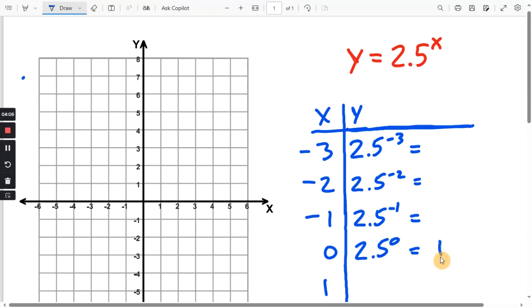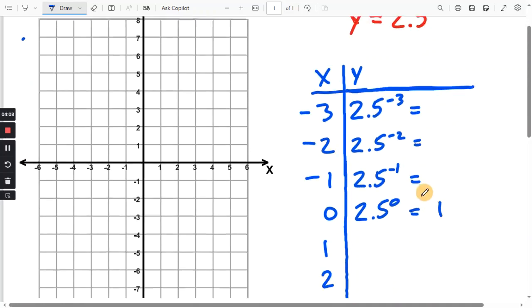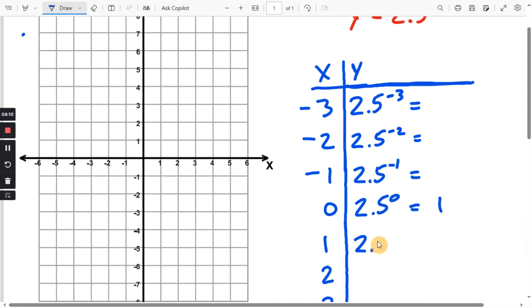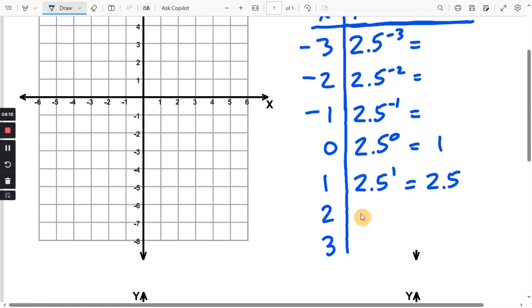That's just going to be 1. All right, and 2.5 to the 1, that's just going to be 2.5. All right, and then we're going to do 2.5 squared and 2.5 to the 3rd. Okay, so I need to do some calculator work here.